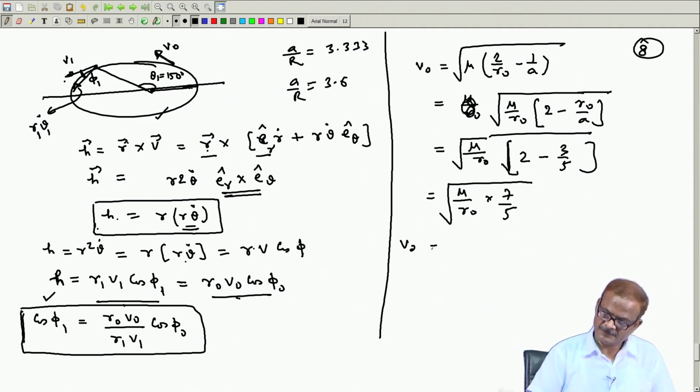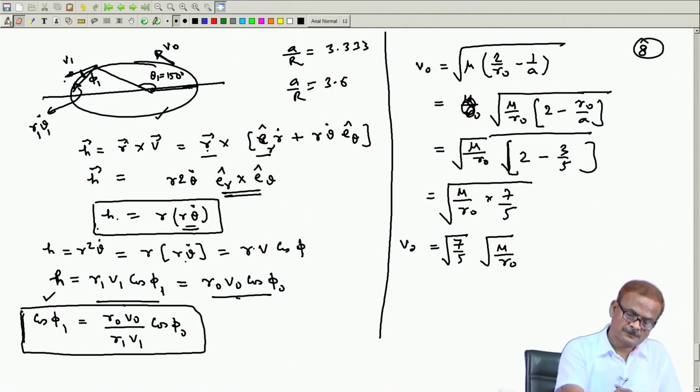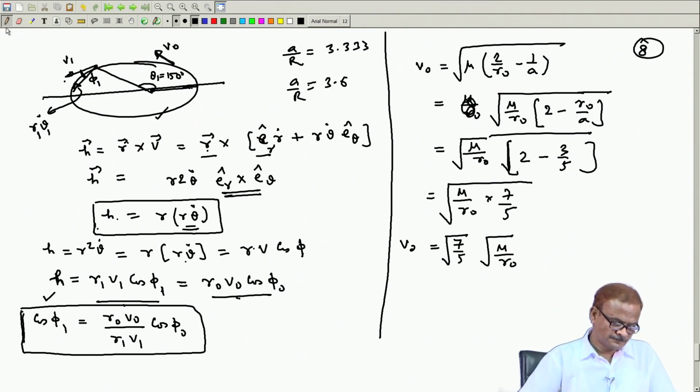So v 0 is under root 7 by 5 times mu by r 0. Of course, mu is a known quantity for the earth, so it is not a problem.